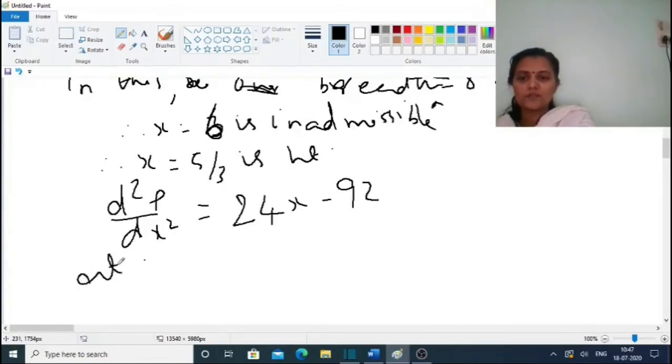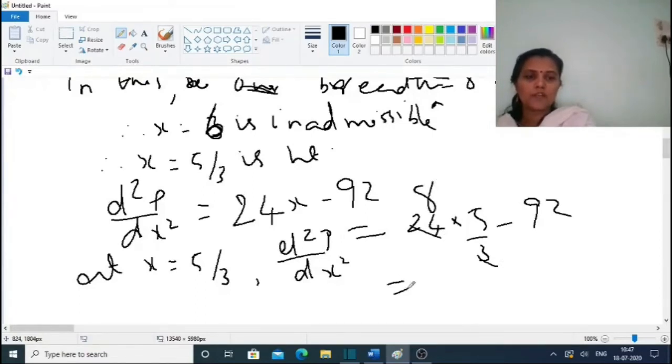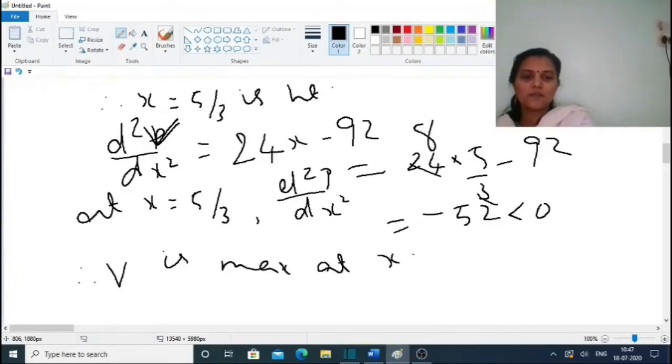At x equal to 5/3, d square p by dx square is equal to 24 into 5/3 minus 92. So 40 minus 92 is minus 52, less than 0. Therefore v is maximum at x equal to 5/3.